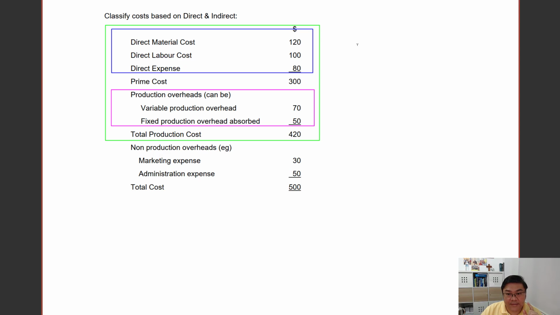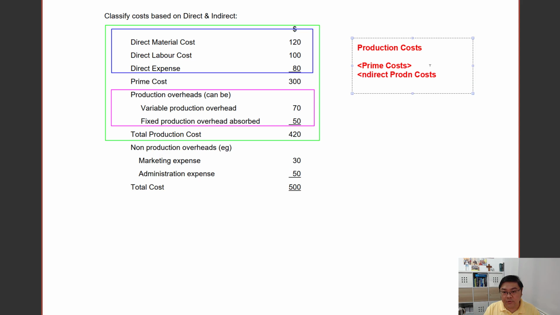When you look at the production cost, you can have the direct production cost and the indirect production cost. We don't call these direct production costs because we call it the prime cost, and we don't call it indirect production cost.